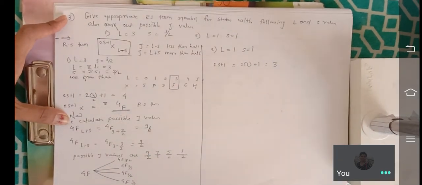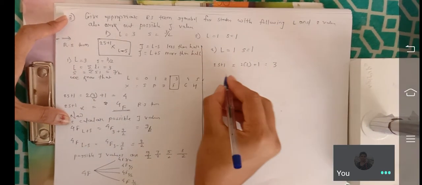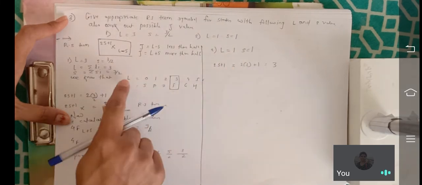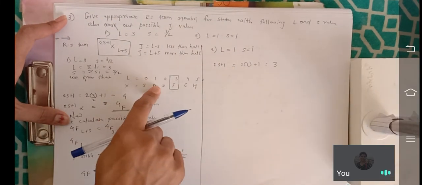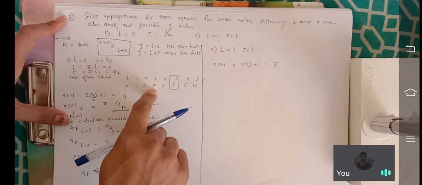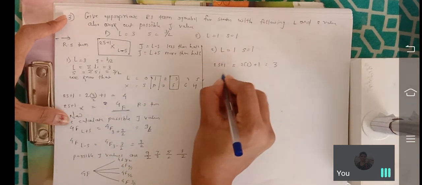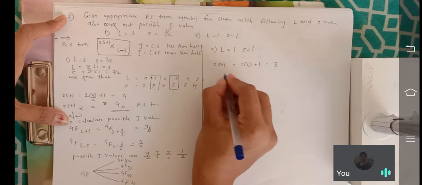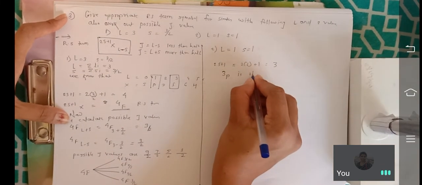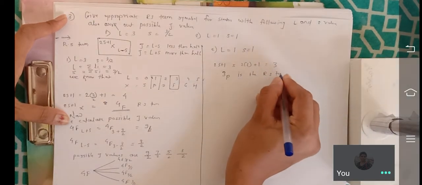Okay, then L is equal to 1, so you go through that series and take P as the term. So what is the RS term? Triplet P is the RS term.